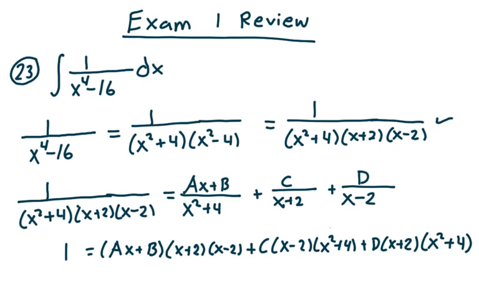So multiplying through by the LCD, we get 1 equals (ax plus b) times (x plus 2) times (x minus 2) plus c times (x minus 2) times (x squared plus 4) plus d times (x plus 2) times (x squared plus 4).